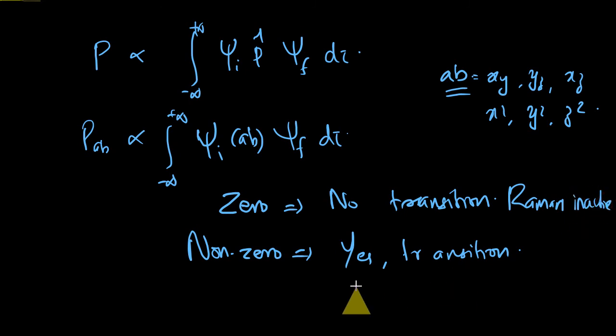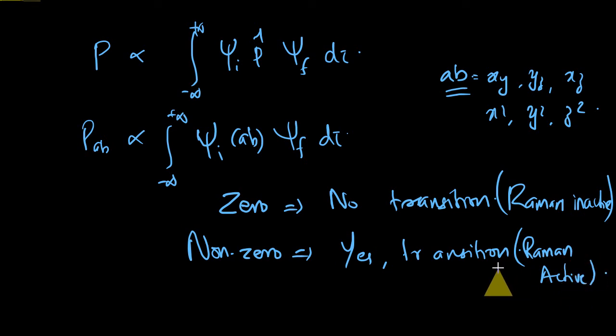And if it is not 0, then it is Raman active. So in order to see whether a particular vibration is Raman active or Raman inactive, we have to calculate this transition moment integral corresponding to that vibration.